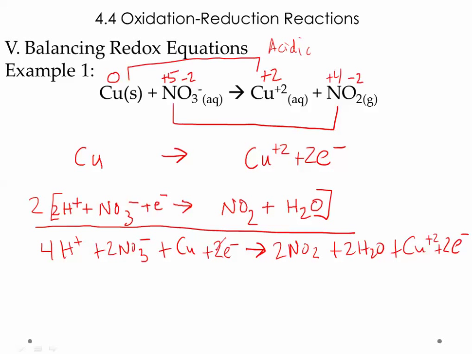Then we have 2 electrons on each side, so they cancel out. And so we're left with our redox equation right here. So we end up with 4 hydrogen ions plus 2 nitrates plus copper produces 2 nitrogen dioxides plus 2 waters plus copper +2. And this is our balanced redox equation.